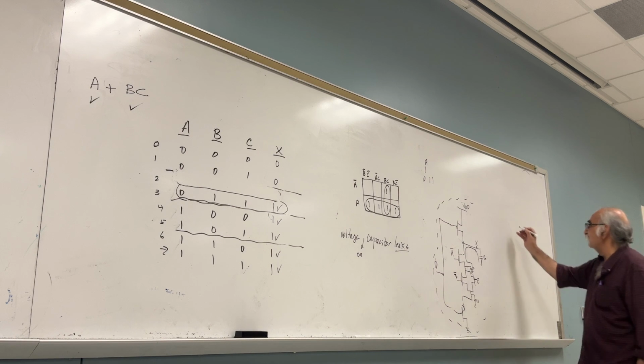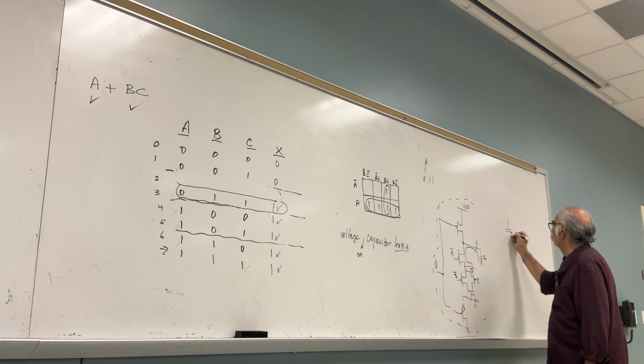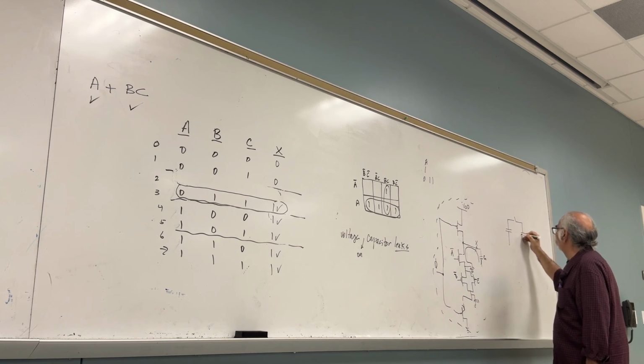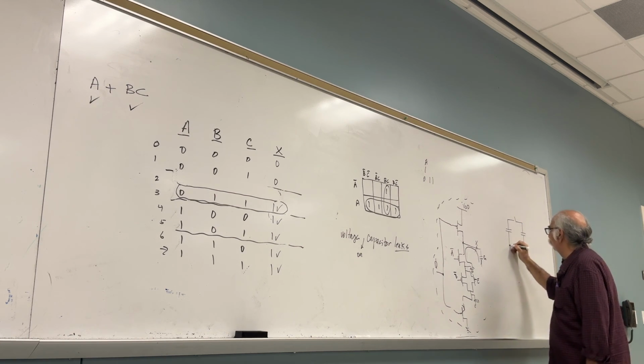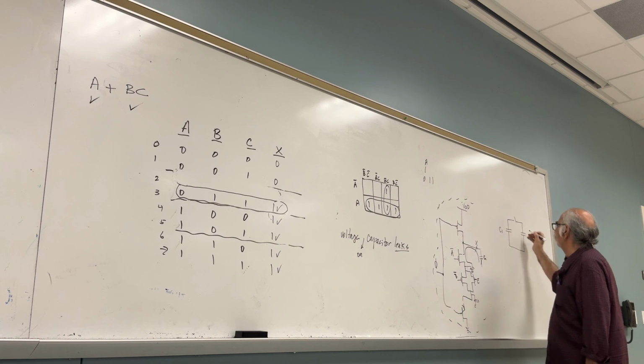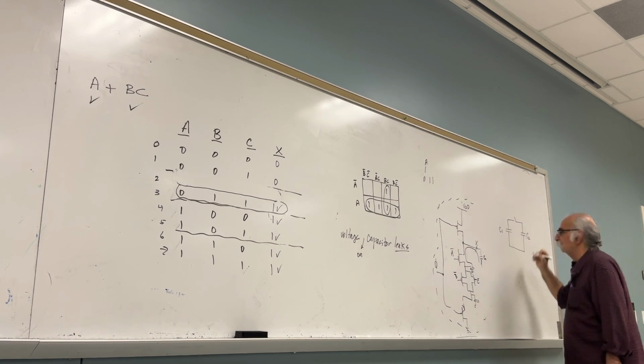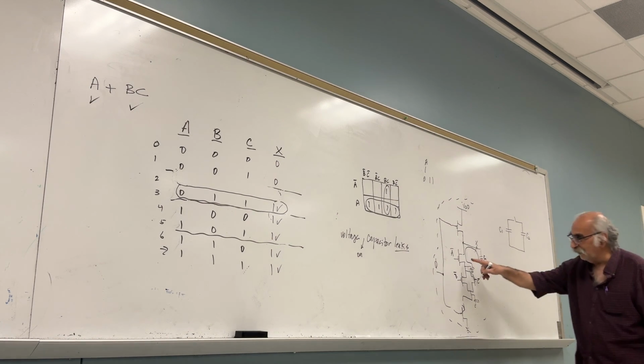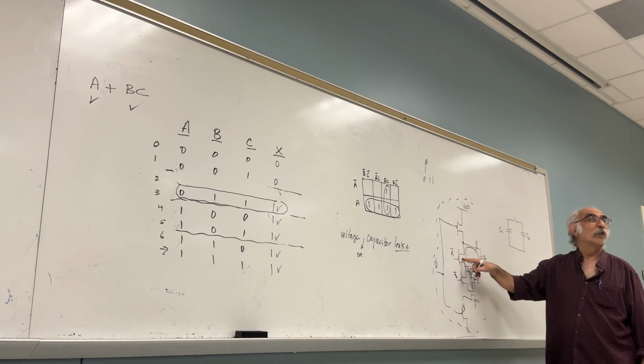Which means what? As if you have this. Follow me. This is C1. This is C2. Did you get it or not? Yes. If this one is working, what will happen?